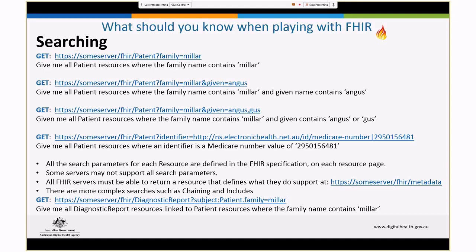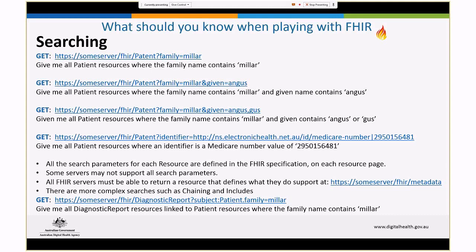So you might find you hit a server and you ask for, I'd hope not, but ask for family name and it says unsupported search parameter. And if you go look at their metadata resource, you'll find that it's not in there. That's probably a strange scenario, but for the more esoteric search parameters, maybe that's the case. So that's how you know, does this server support these things?